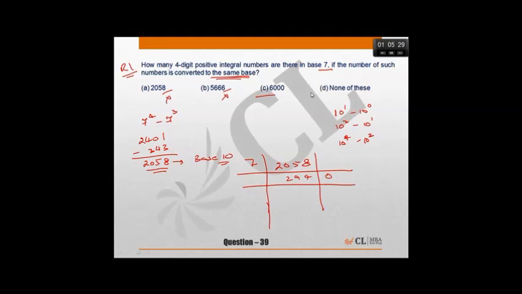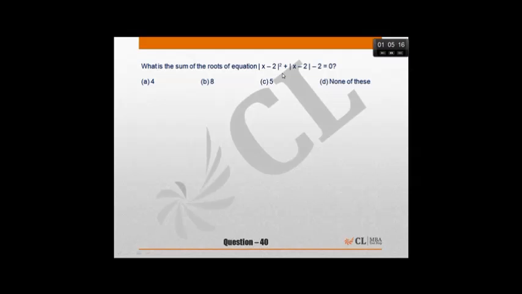The answer is either going to be C or none of these. So the answer has to be 6000. Correct answer, choice C.